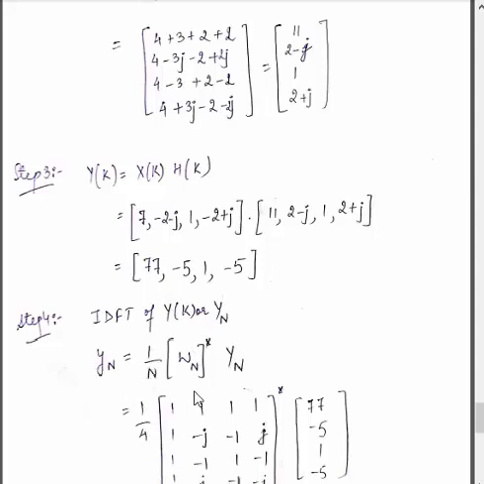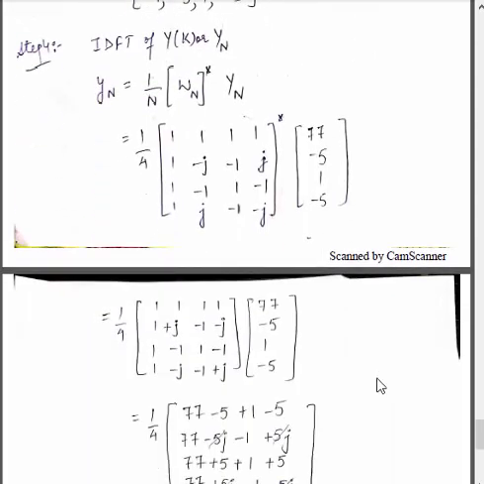This is the value of the twiddle factor conjugate, and this is the value of Y of k, that is 77 minus 5 1 minus 5 in matrix form. Twiddle factor conjugate means the imaginary term positive becomes negative and negative becomes positive. This is negative, so it becomes positive, and positive becomes negative. So this is the value of the twiddle factor conjugate.